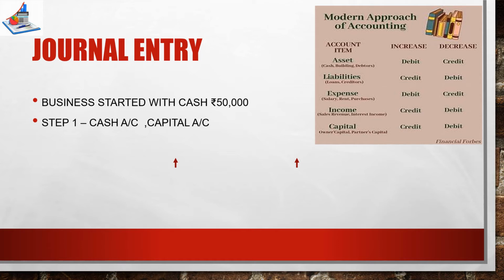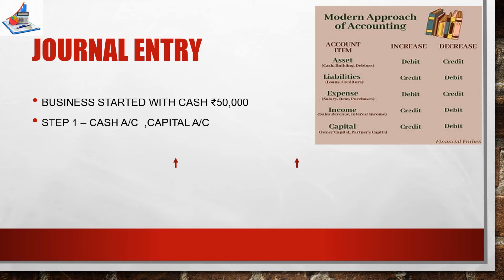So which are the two accounts? Remember, minimum two accounts you need to open. Maximum can be more than two also, but minimum two accounts are needed in a journal entry to complete. So the first step says we need to know which are the two accounts that we need to open.